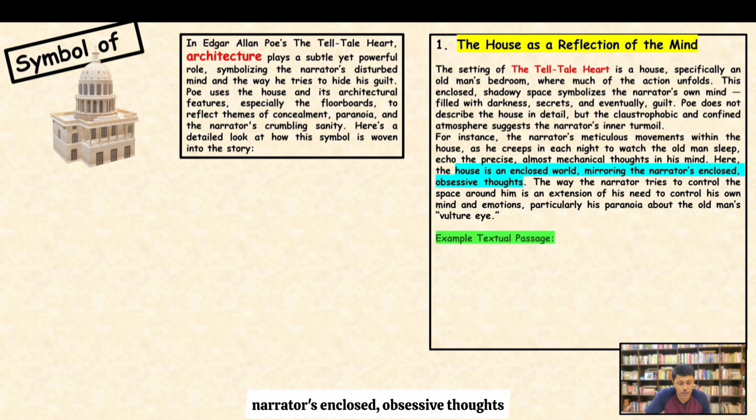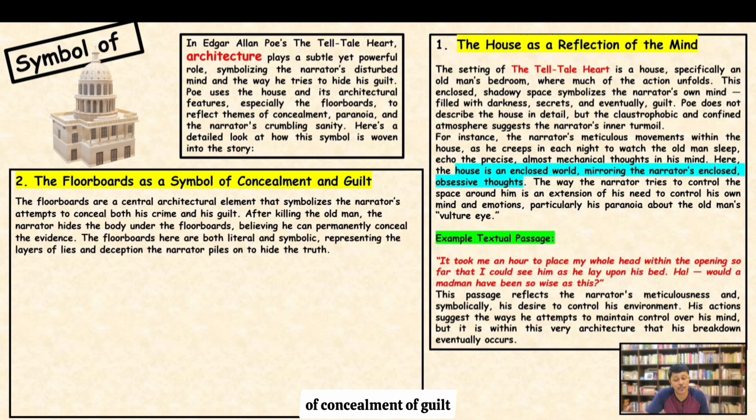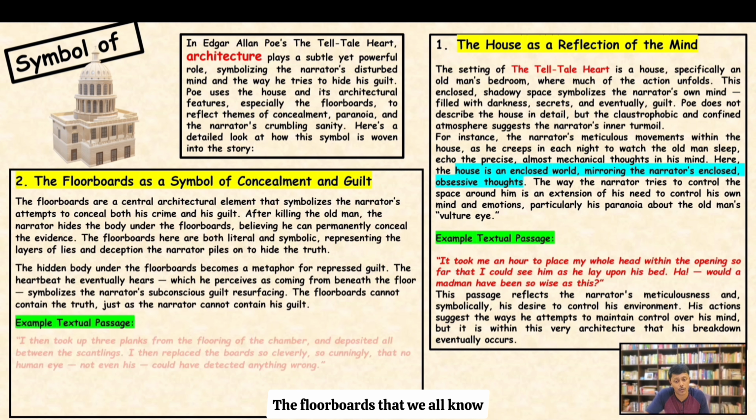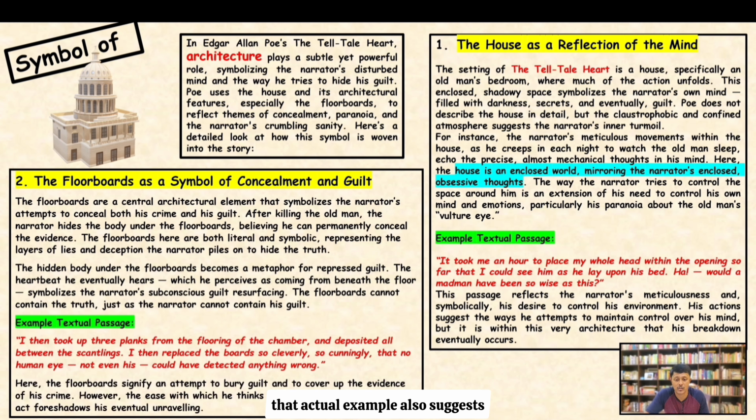The next point is the floorboards as a symbol of concealment of guilt. The floorboards, as we all know, and the textual example also suggest this. Now, why am I not describing each line step by step? Because these are not necessary. You can really understand right now what the symbol of architecture is, what the symbol of the eye is, and so on.